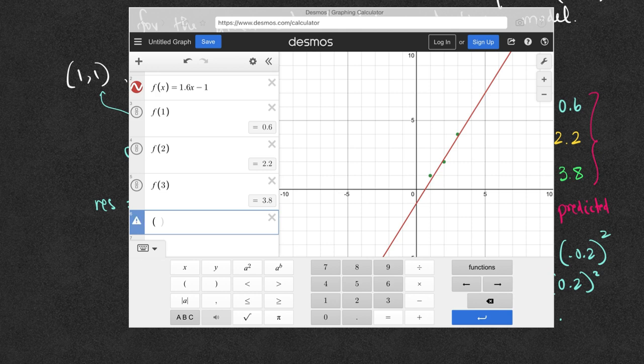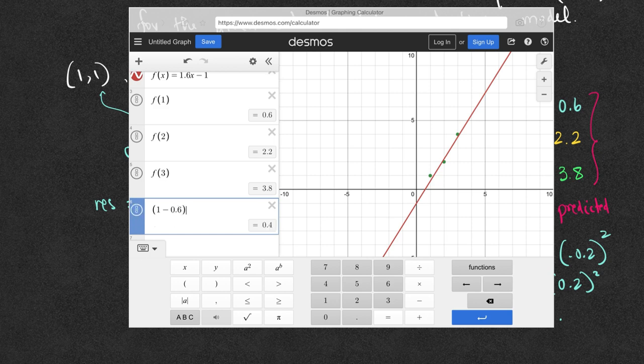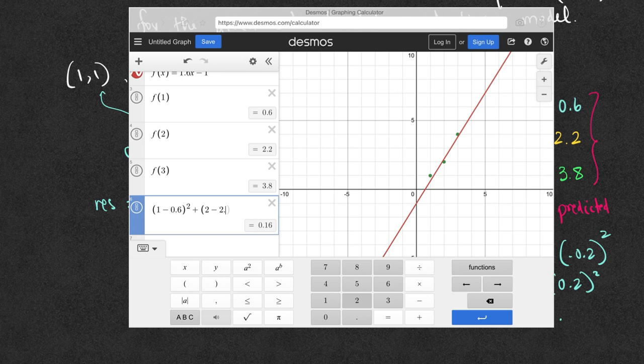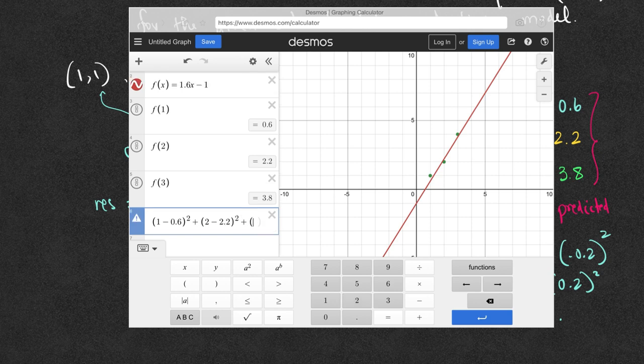For the first residual, the observed value is y equals 1 minus the predicted value 0.6, square the quantity, plus for the second residual, the observed value is y equals 2 minus the predicted value 2.2, square the quantity, plus, and lastly, the observed value is 4, not 3.